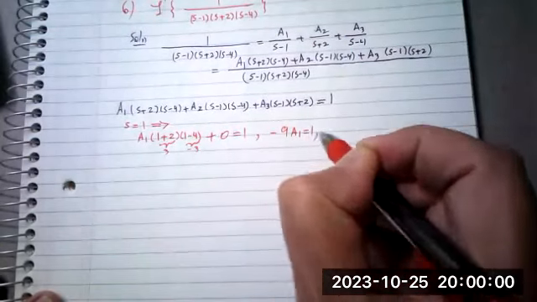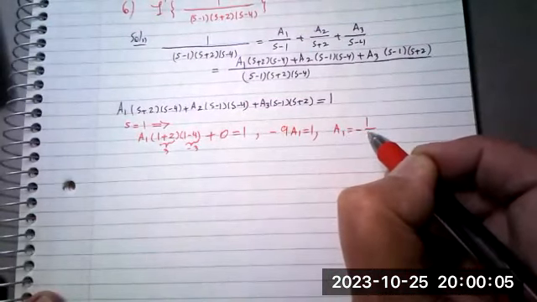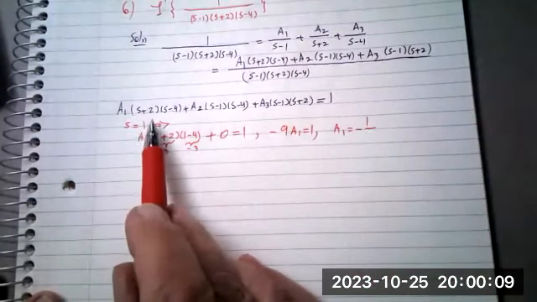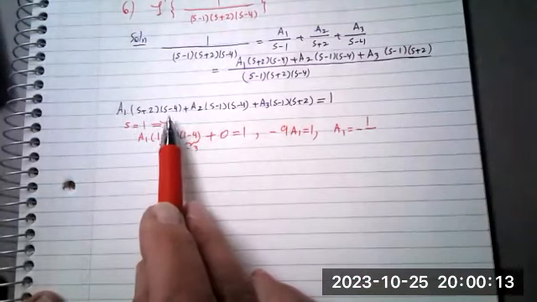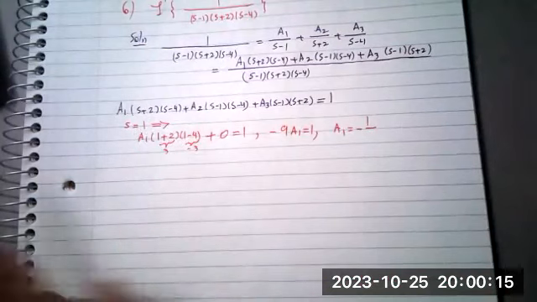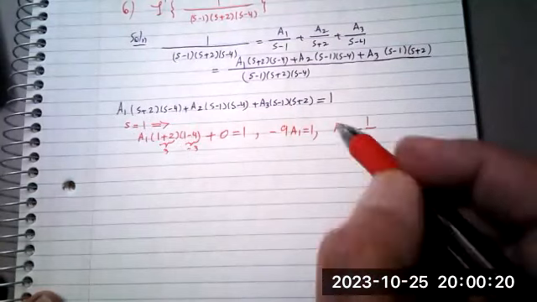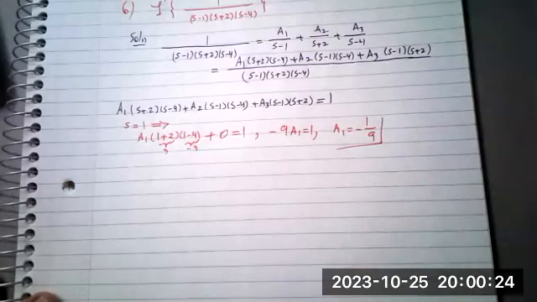A1 times negative 9 equal to 1, so A1 would be negative 1 over 9. I didn't make any mistakes. That's the first one.